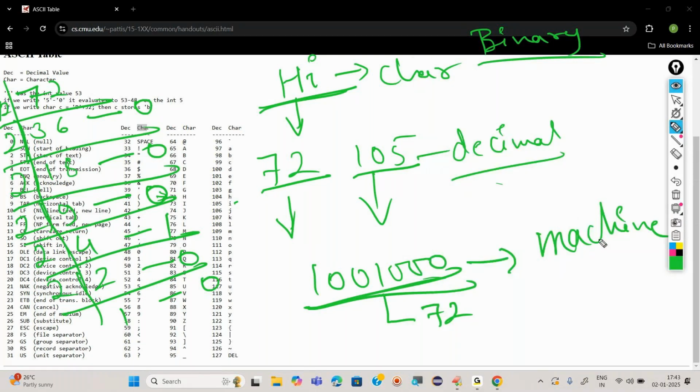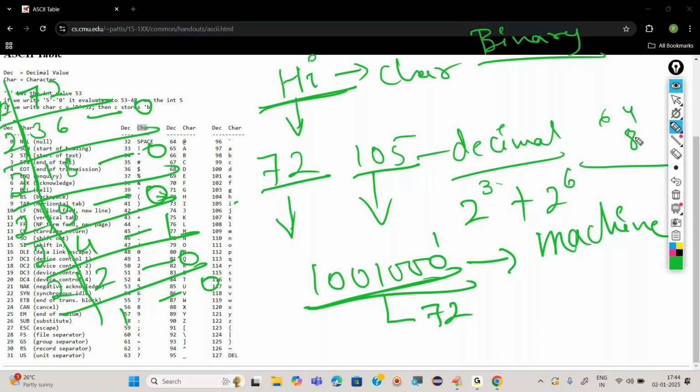If you want to check whether it is 72 or not, you can check something like this. This is 2 power of 0, 2 power of 1, 2 power of 2, 2 power of 3. So 2 power of 3 plus 2 power of 6. 2 power of 6 is nothing but 64, and 2 power of 3 is 8.